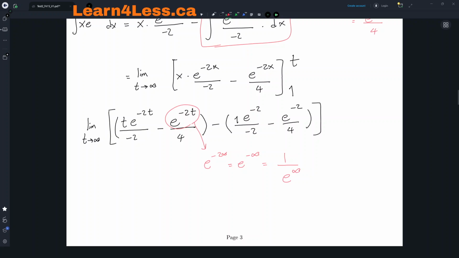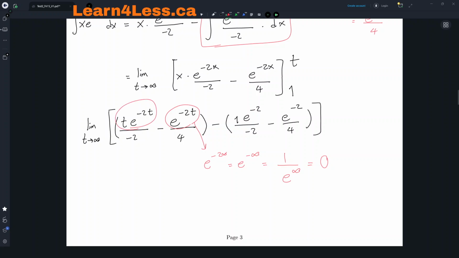And e is a constant, about 2.7, and you are raising it to the power of infinity, so this denominator is a very, very big number. When you divide 1 by a very huge denominator, the answer is infinitely small, which we can call 0. So e to the power of negative infinity is basically 0.